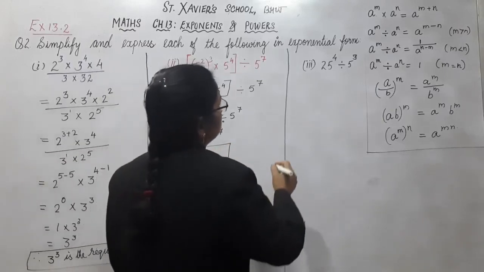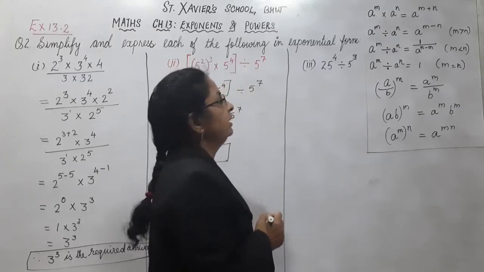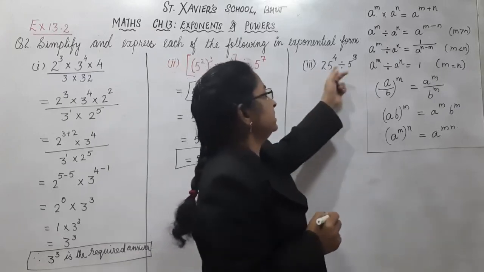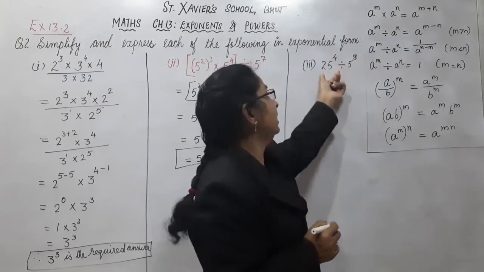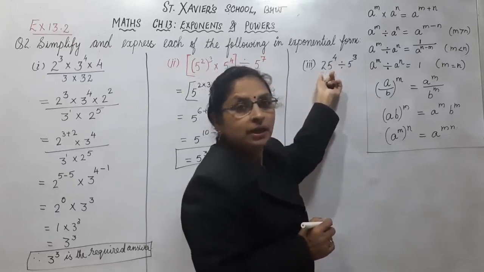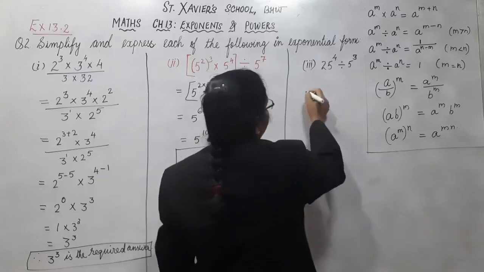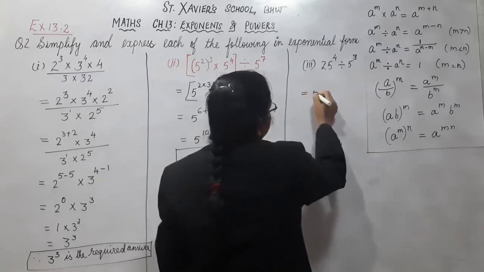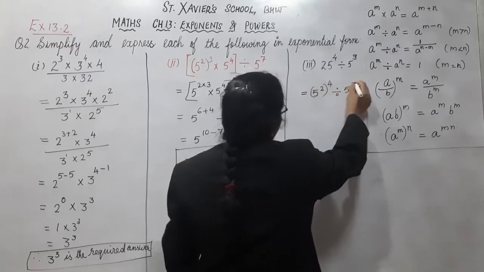Third question. 25 raised to 4 divided by 5 cube. If base is different and power is also different, we can't solve it. So what we have to do is, 25 is a multiple of 5. So let us write it as power of 5. 25 is equal to 5 square, all raised to 4, divided by 5 cube.